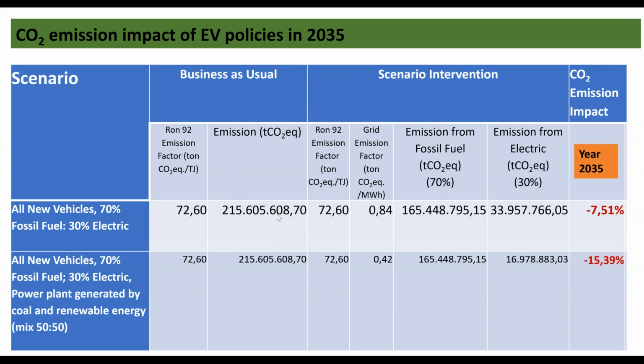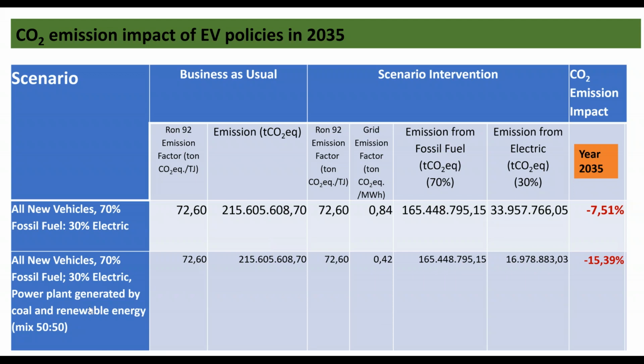For the new vehicles, the emission will be such a number. But if we apply the EV policy with 70% still fossil fuel vehicles and 30% electric vehicles, then the emissions will go down by 7.51% in the year 2035 from 2020.